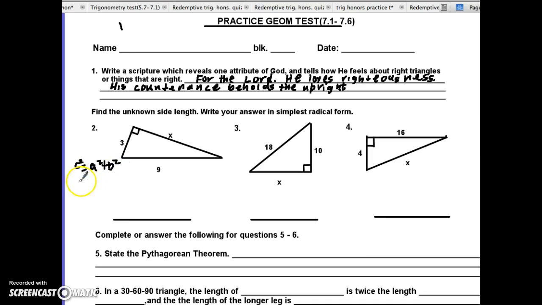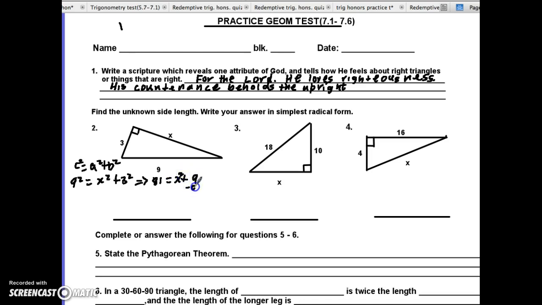And it's very important to clearly identify the c. I trust by now everyone knows that the c is going to be the hypotenuse, the one right across from the right angle. So it's going to be 9 squared here equals x squared plus 3 squared. 9 squared is 81. x squared plus 3 squared is 9.